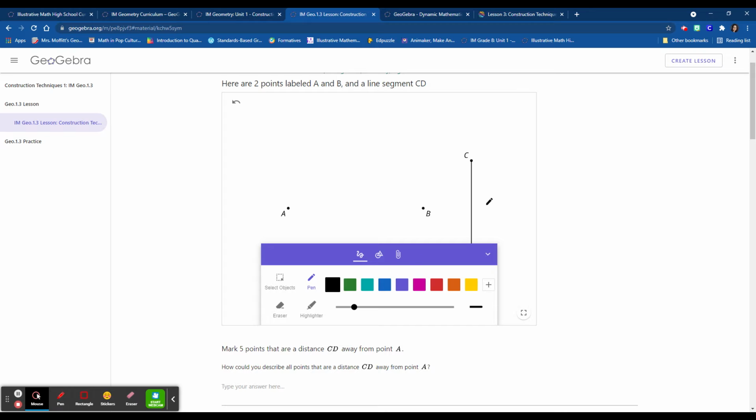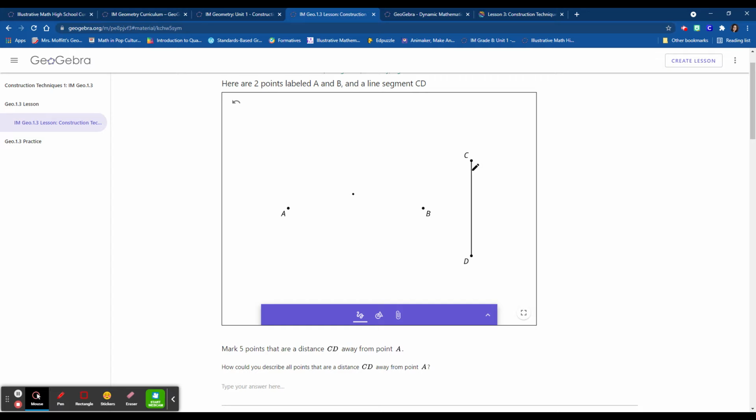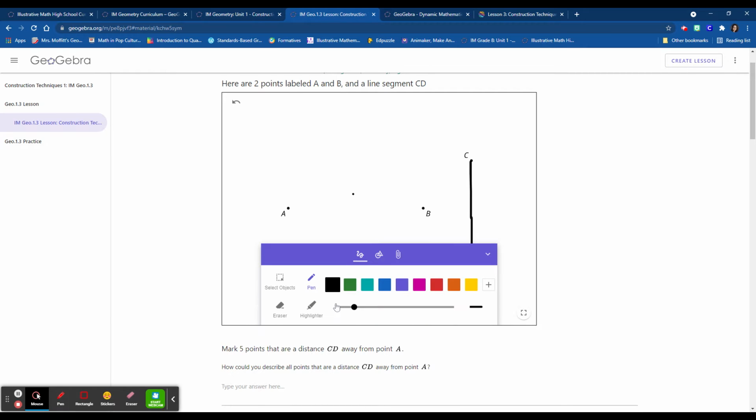All right, so to copy the length of CD, I'm just going to use the pen tool here. I'm just going to try to draw a segment on top of CD. So now I have copied the length of CD. I'm going to come back to my tools and click on Select Objects.